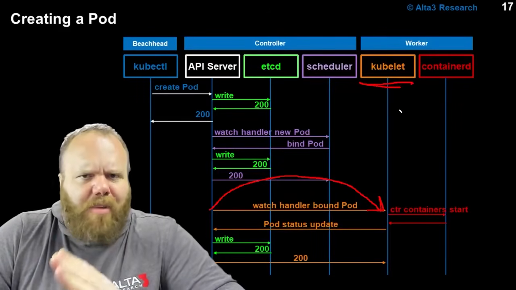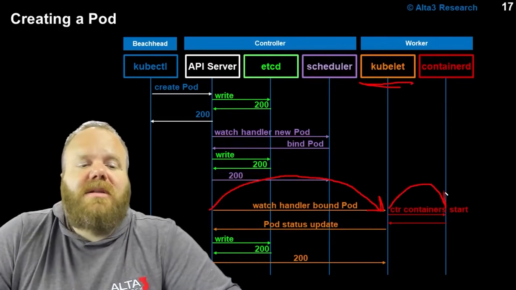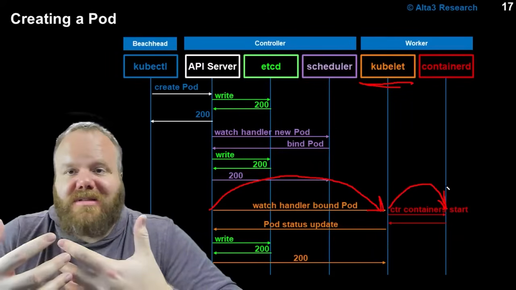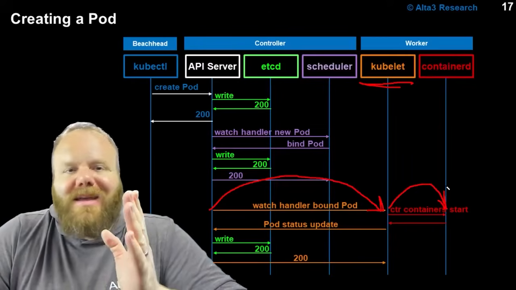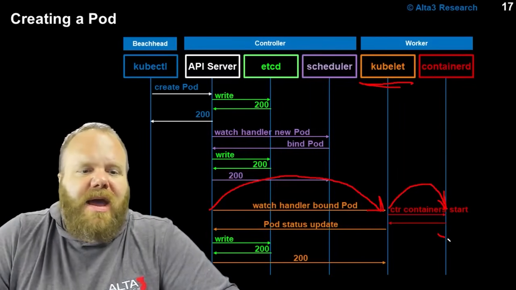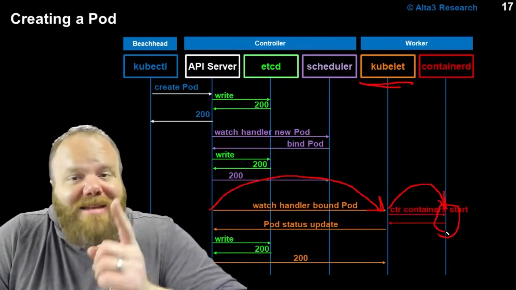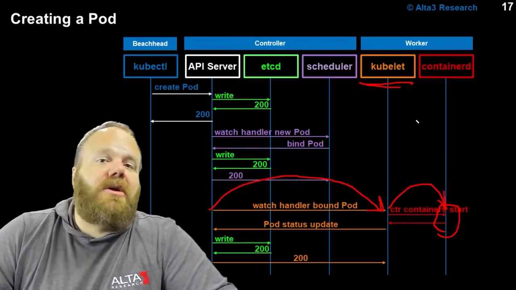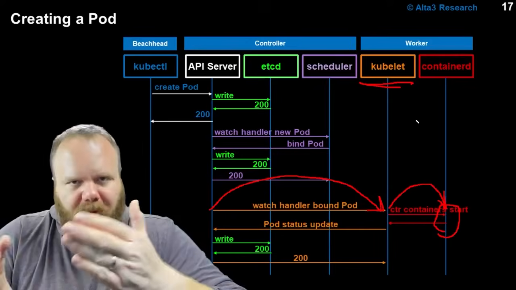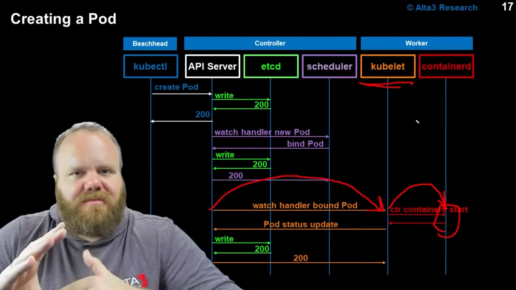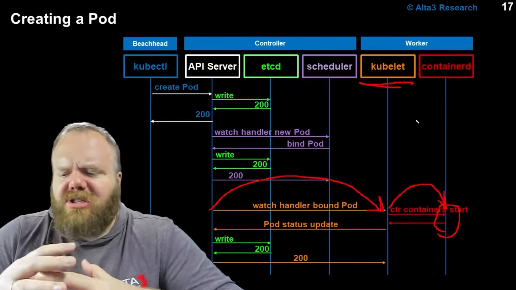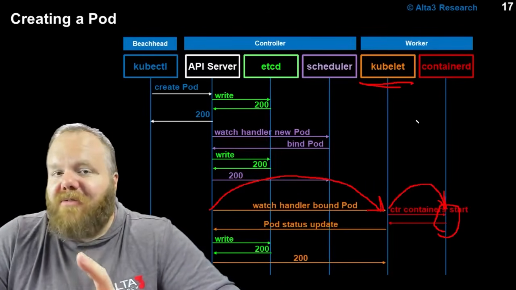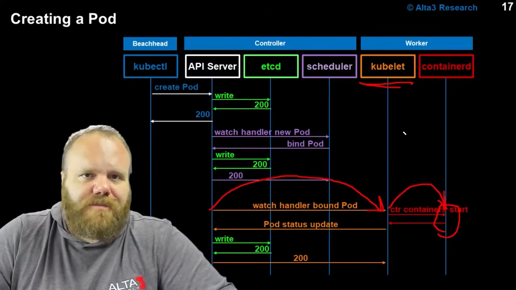Kubelet says, got it, boss, and then turns around and runs all of the necessary commands like docker run or container start, whatever the command is. It's Kubelet that's handling that for us. And as a result, it is only at that moment that a container is actually built. And it's also Kubelet that's responsible for making the pod that the container was put in. So it's not a question of which came first, chicken or the egg. It's definitely clear: pod is made first, container is made inside of it second.